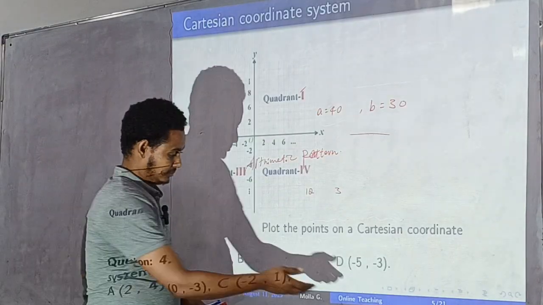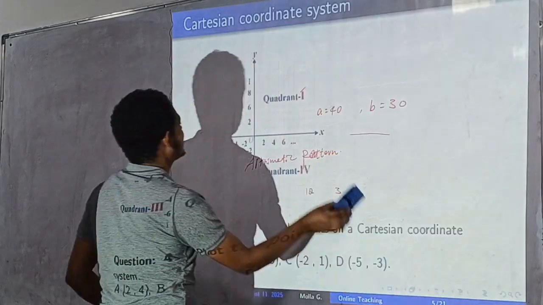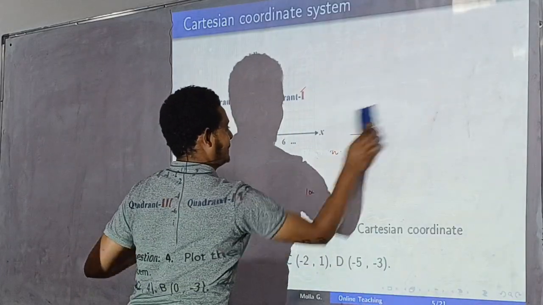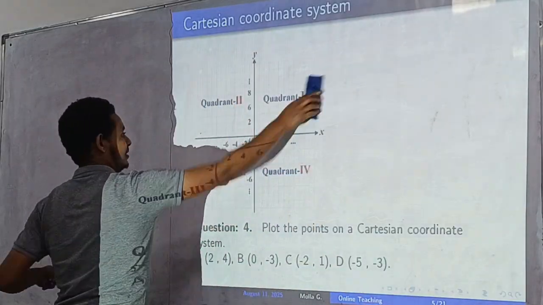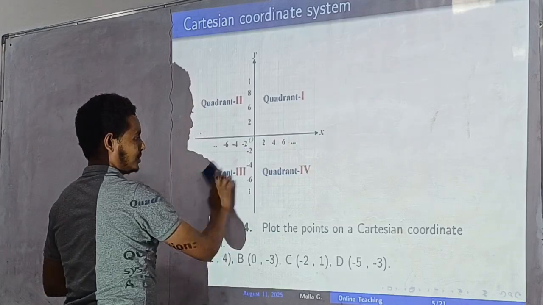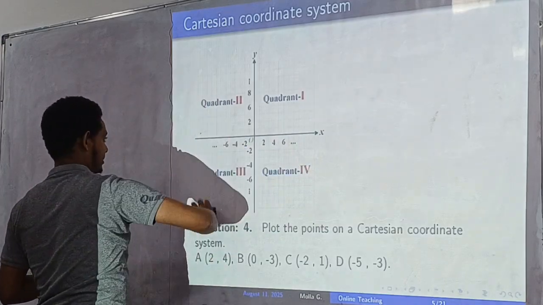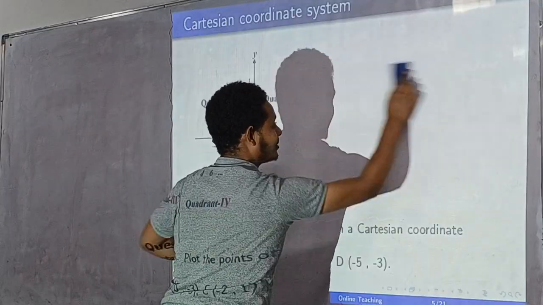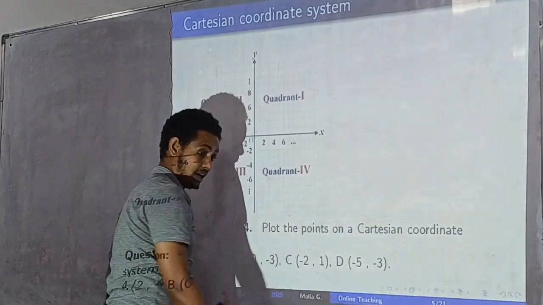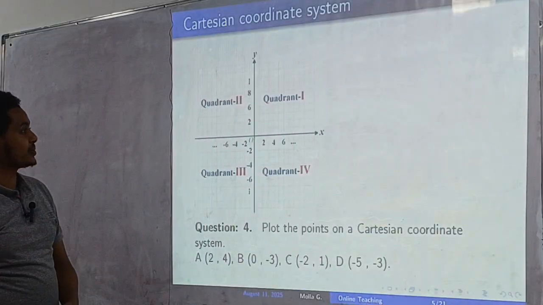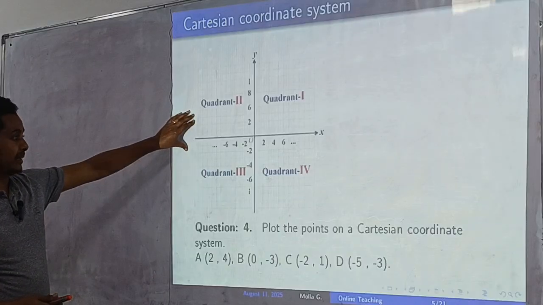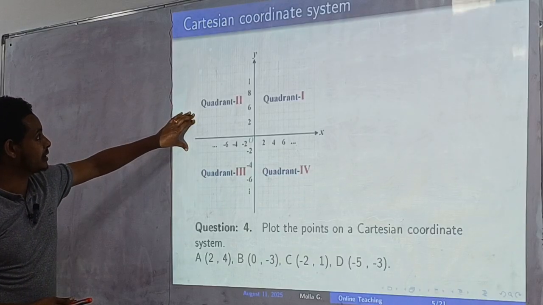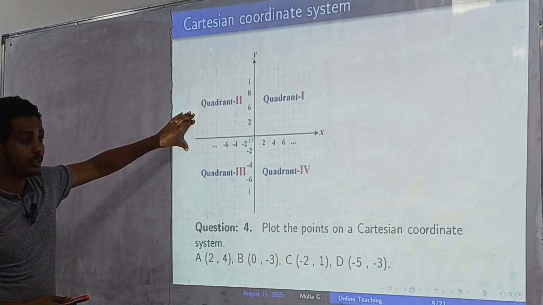Here, the Cartesian coordinate system, or rectangular coordinate system, is simply a plane which is obtained by crossing two lines, one horizontal and one vertical number line. When you cross these, we form 4 regions.